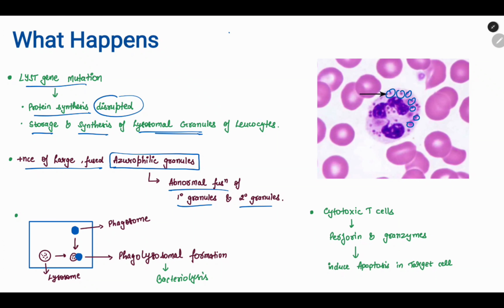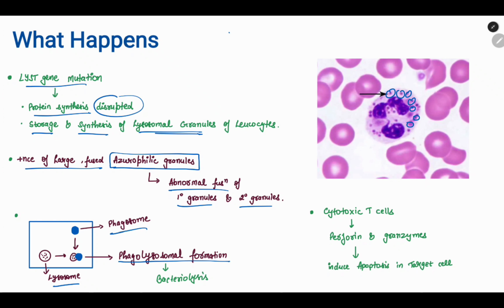Lymphocytes with these granules show poor antibody-dependent cell-mediated cytolysis. There is an alteration in neutrophils, and hence neutropenia is also observed in Chediak-Higashi syndrome. In the normal condition, the phagosome fuses with the lysosome, forming the phagolysosomal complex.